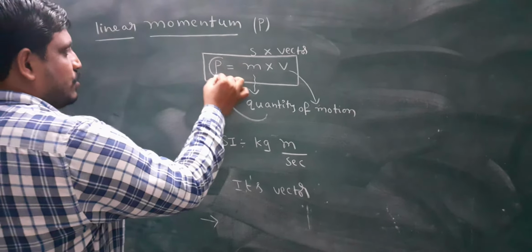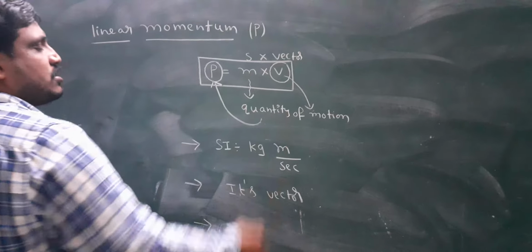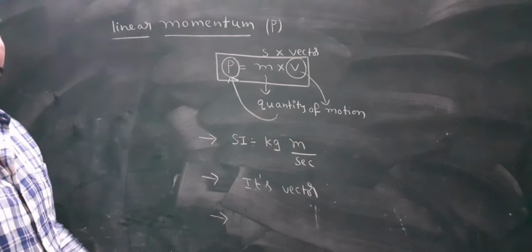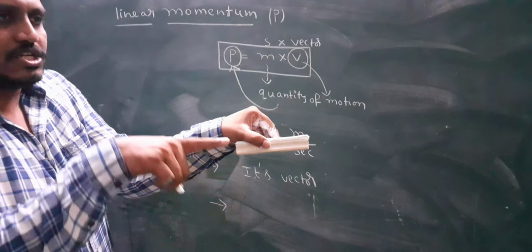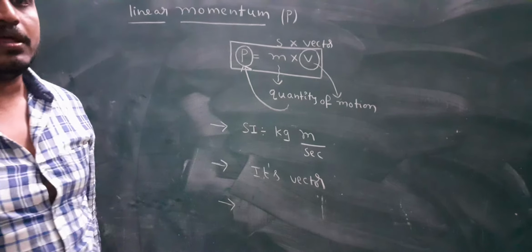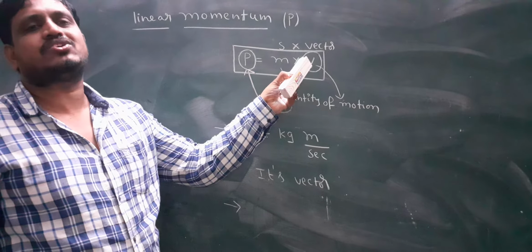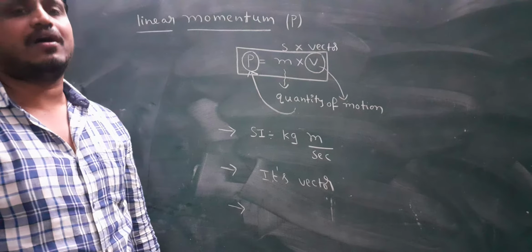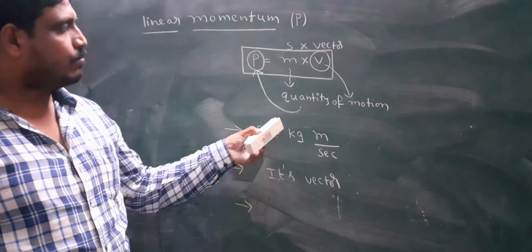Momentum depends upon the direction of motion of the body. Suppose the body moves in this direction, momentum is also in this direction. Simply, P bar is in the direction of V bar. It is a vector. Okay, this is the momentum.